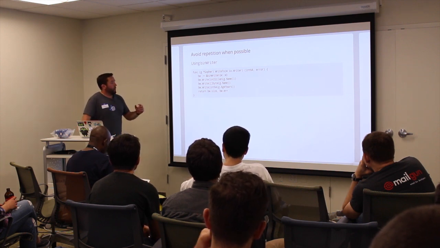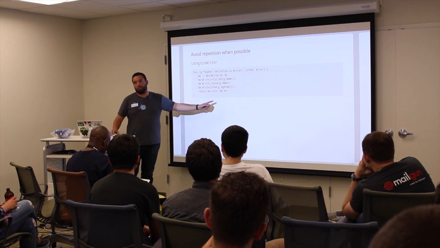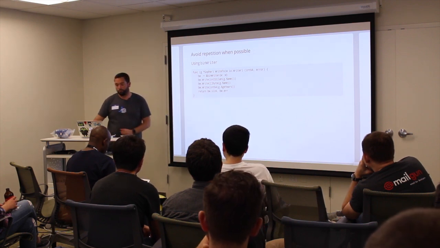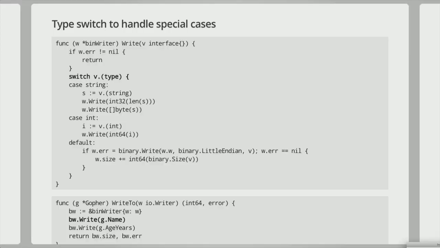So what if instead of having this information in your code, we just move it to the bin writer? So what we can do is we can use a type switch in our write method and say, OK, you can pass whatever you want to pass. So this is a switch with a type. Basically what I'm saying is switch on the type of v. v is an interface, an empty interface.